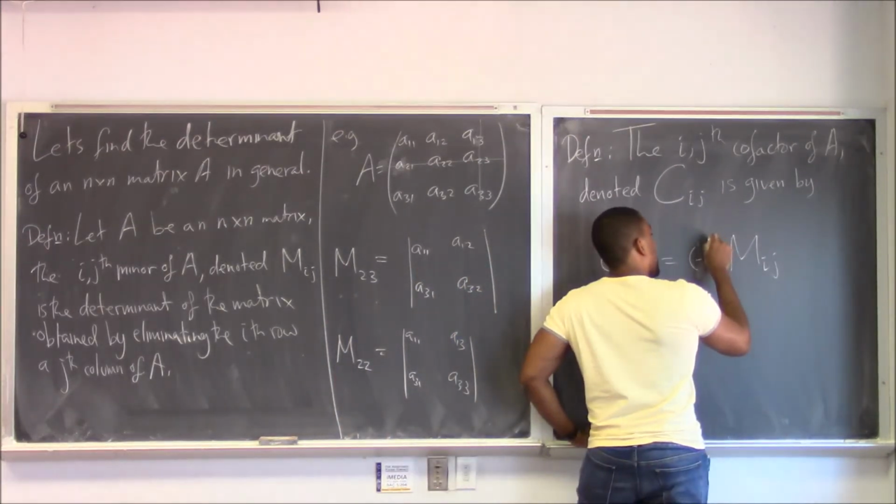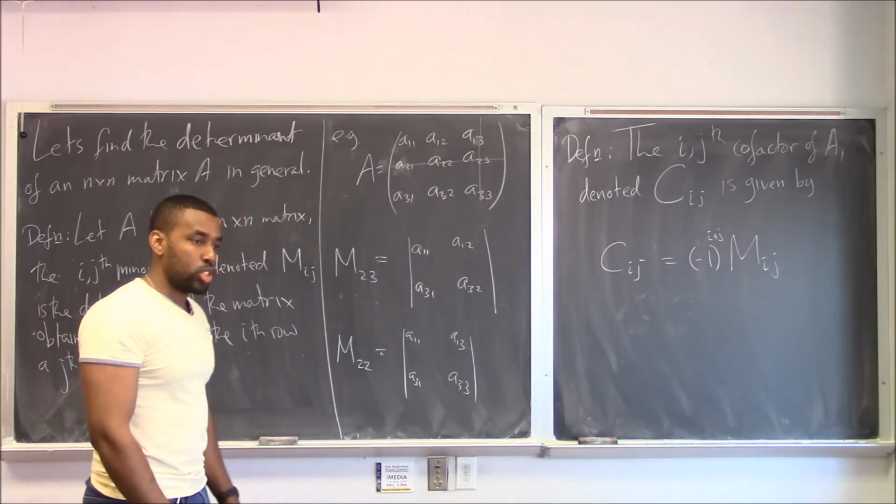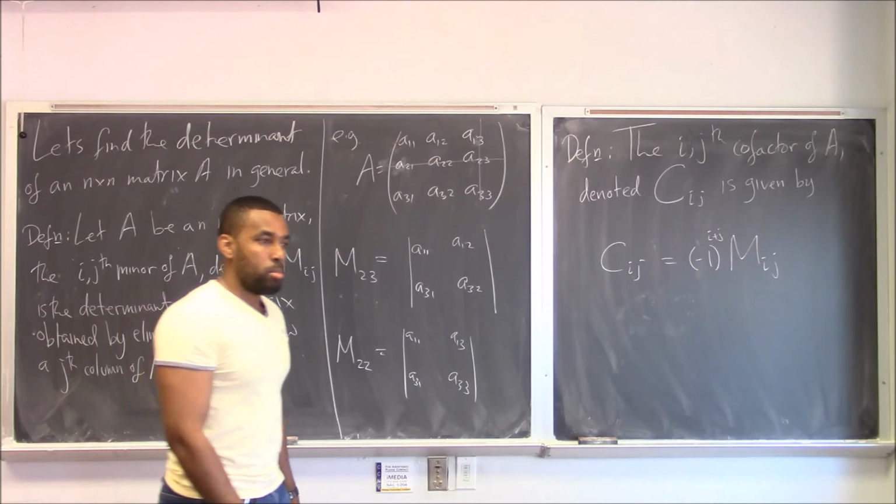It will multiply by a -1 to the i plus j. So there are some minors that will get multiplied by a -1 and some minors that will get multiplied by a +1.